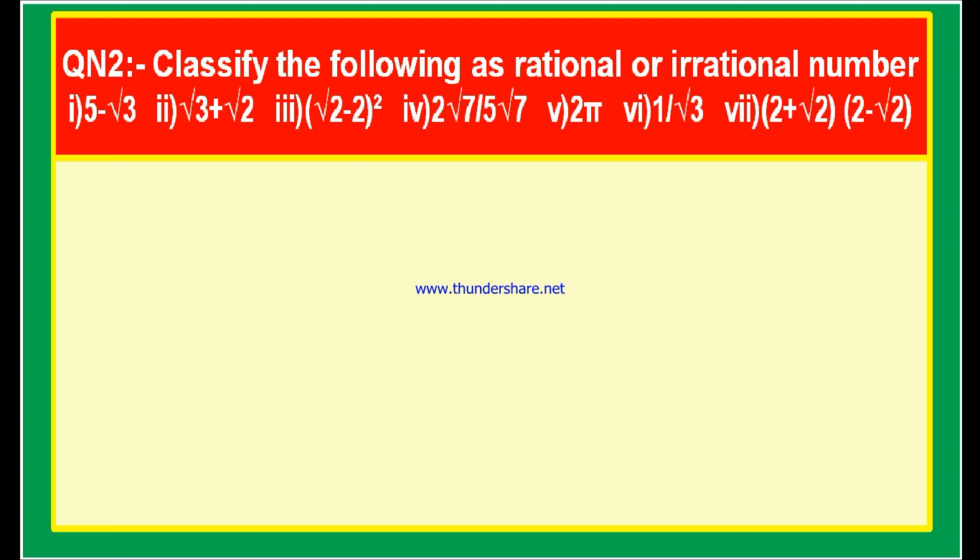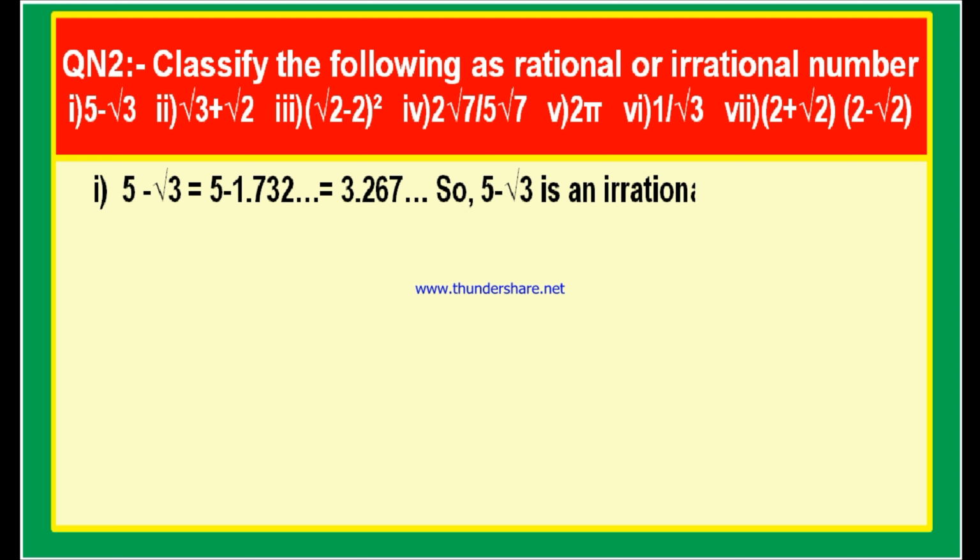Now the first bit is 5 minus √3. 5 is a terminating decimal or an integer, minus √3, whose value is 1.732 and so on. It is a non-terminating and non-recurring number. √3 is an irrational number. 5 is a rational number and √3 is an irrational number.